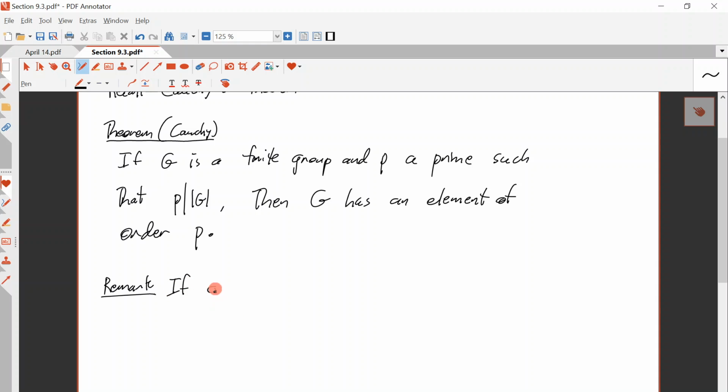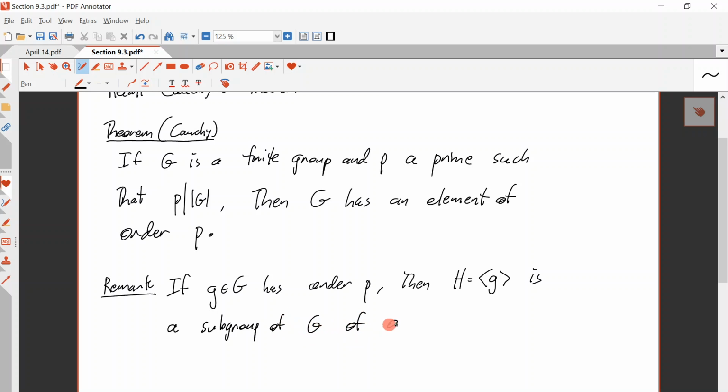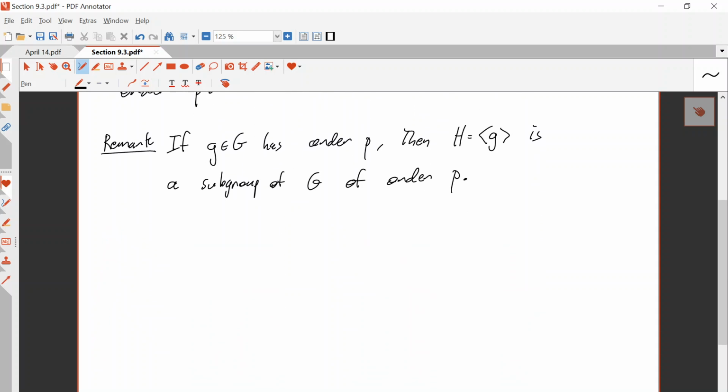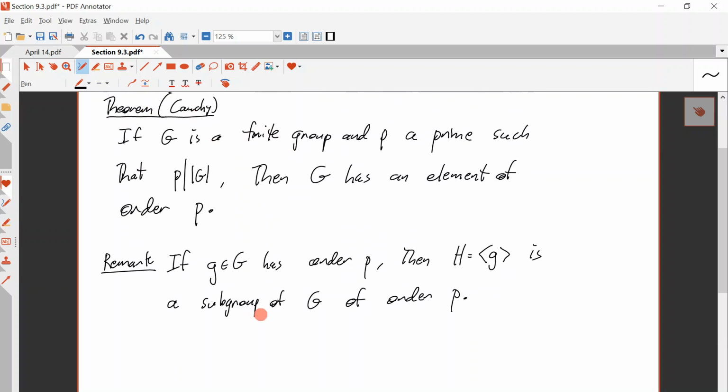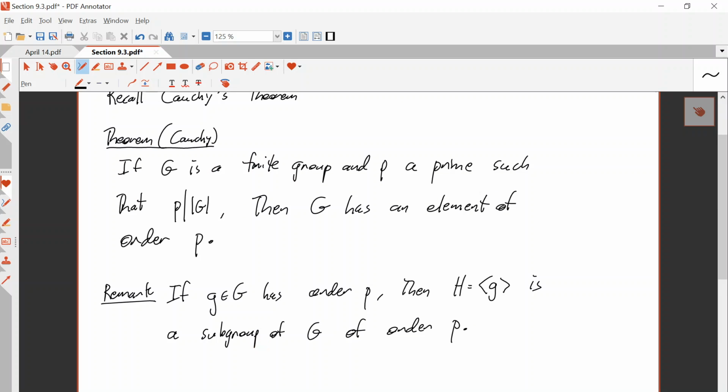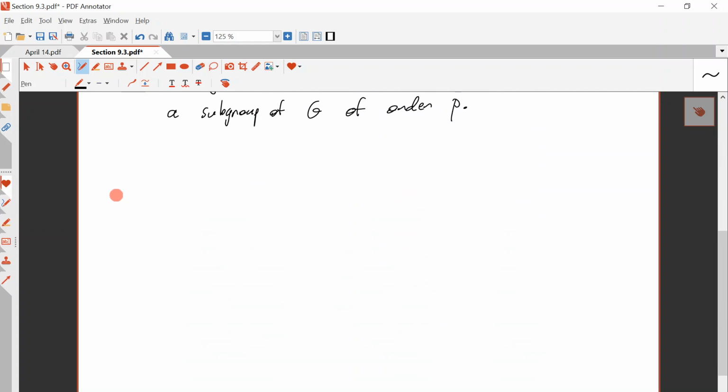If g in G has order P, then H equal to the cyclic subgroup generated by g is a subgroup of G of order P, right? An element of order P gives you a subgroup of order P, the cyclic subgroup. So Cauchy's theorem is a simpler form of Sylow's first theorem.